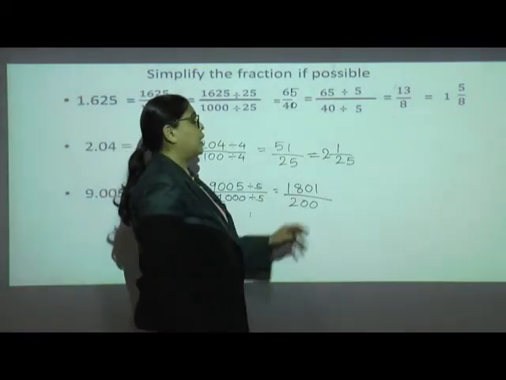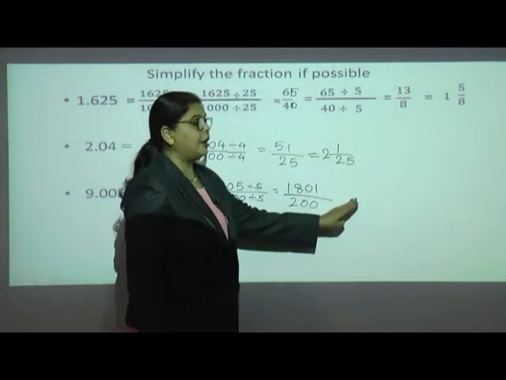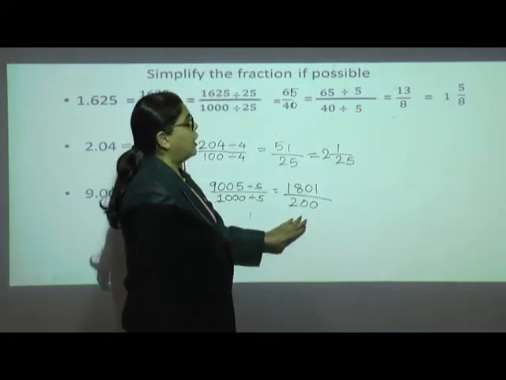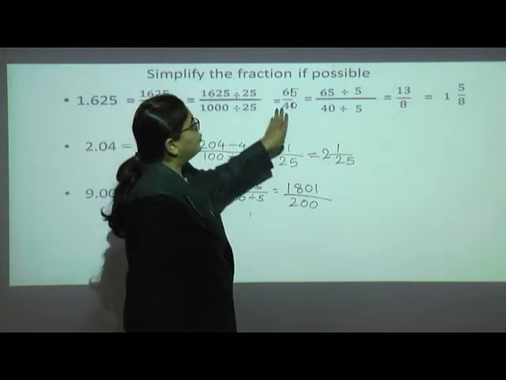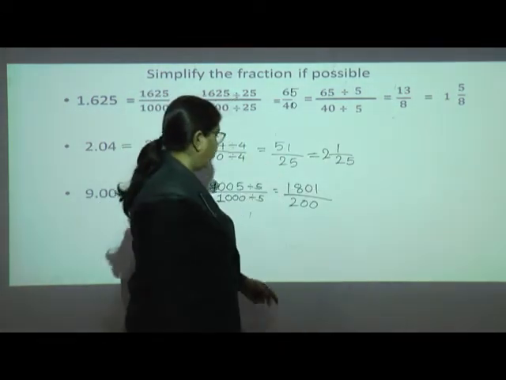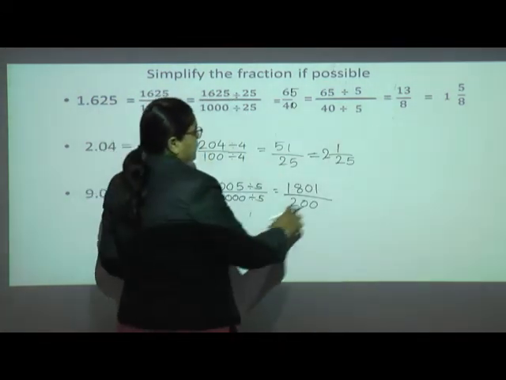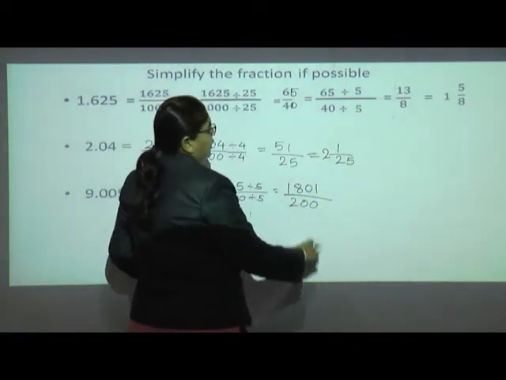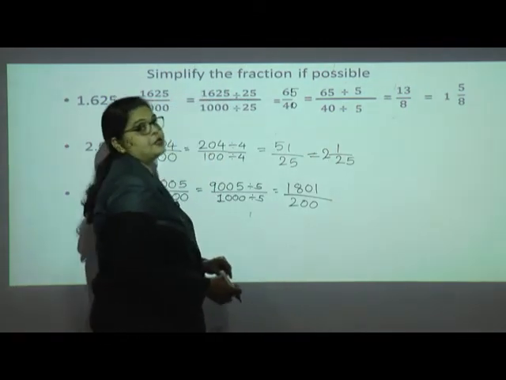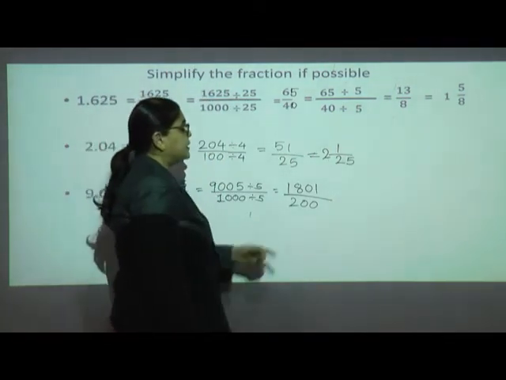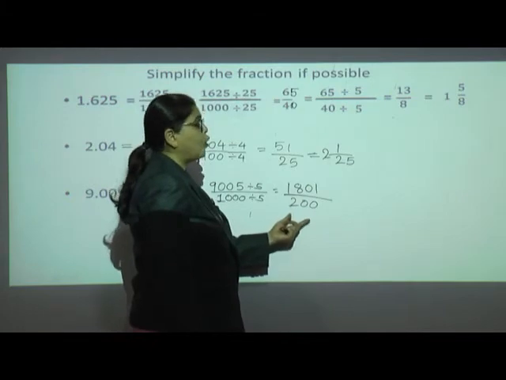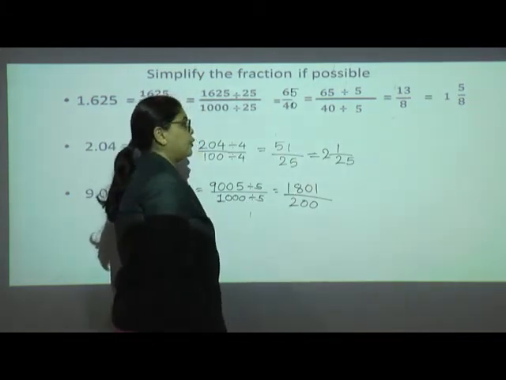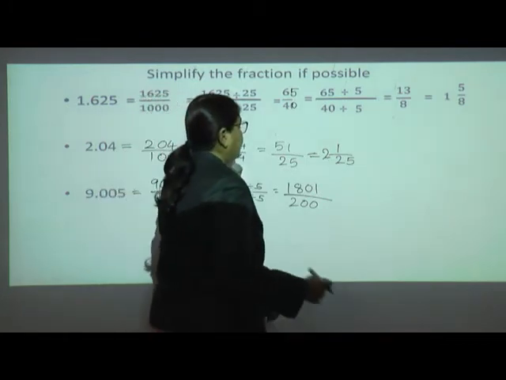Now I have to think again, can I reduce? If it is possible, I have to reduce by 2 or 3 steps. No, not a problem. But here we are having such a number in the ones place that we are unable to use any test of divisibility. So we can say that this fraction we got is an improper fraction, and directly we will try to find it in mixed form.